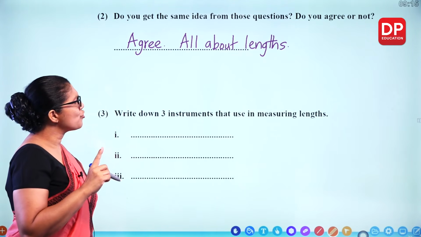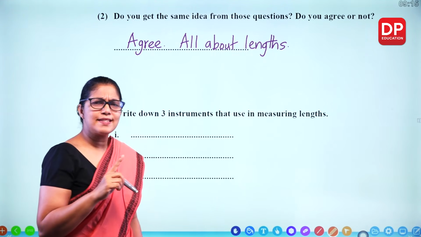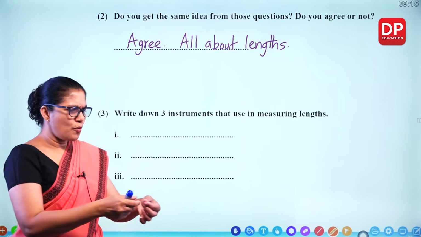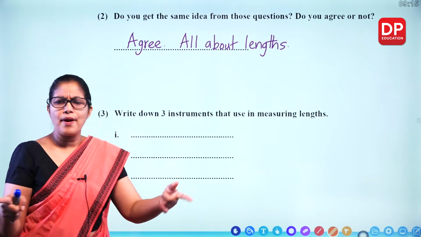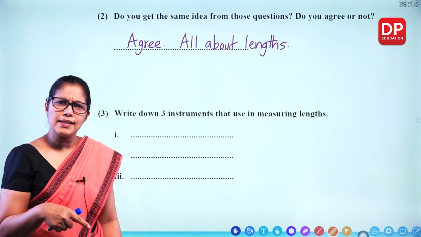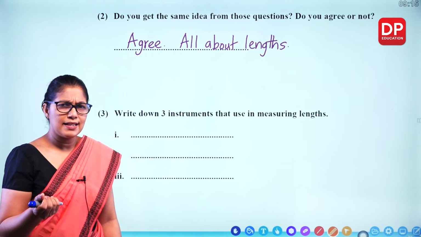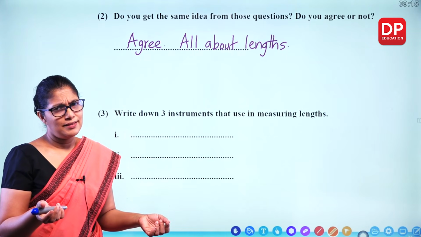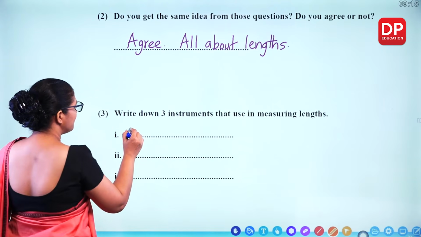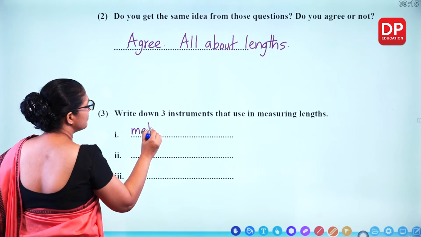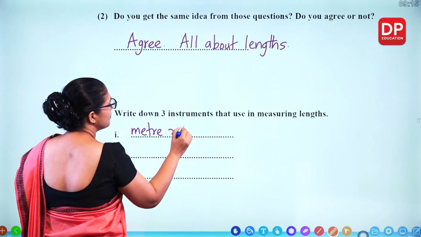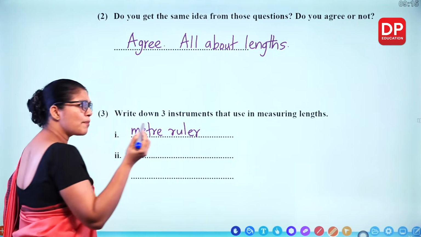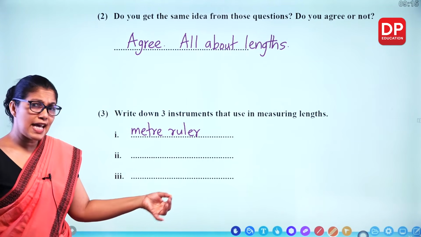Write down 3 instruments that use in measuring lengths. So when you want to measure the breadth of the table, you can take a meter ruler, or sometimes you can take a measuring tape.